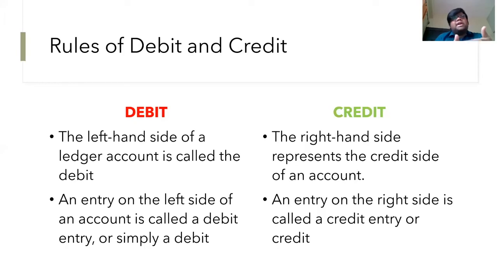If more goods are bought from United Traders, an entry would be made on the credit side of the United Traders account. If an amount is paid to the United Traders, an entry will then be made on the debit side of the United Traders account.